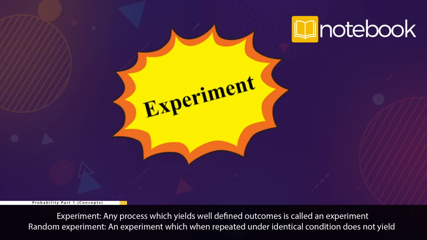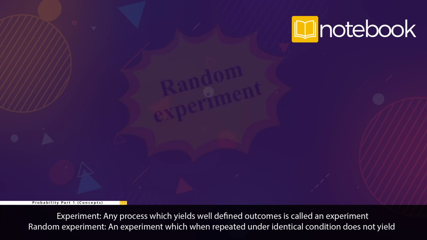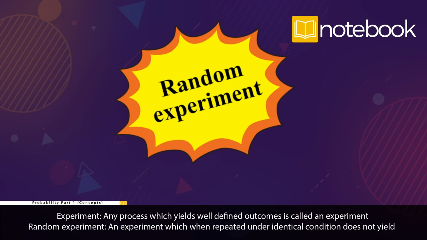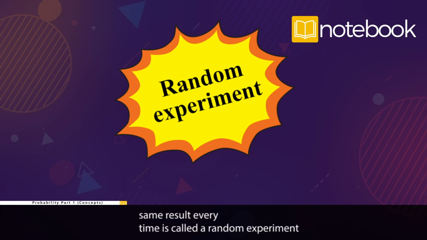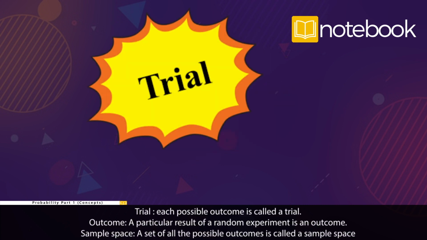Experiment. Any process which yields well-defined outcomes is called an experiment. Random experiment. An experiment which, when repeated under identical condition, does not yield same result every time is called a random experiment. Trial.